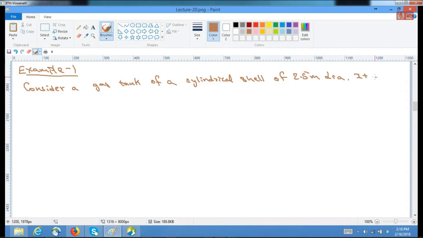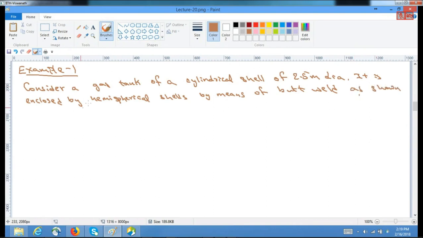It is enclosed by hemispherical shells by means of butt weld, as shown in the figure below.